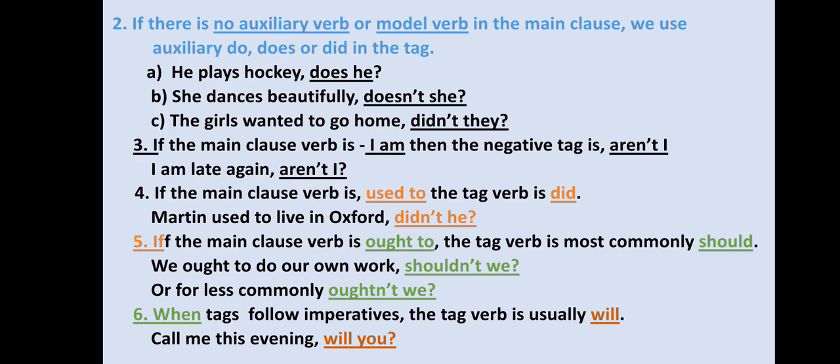Rule number 6. When tags follow imperatives, the tag verb is usually will. For example, call me this evening, will you? It means if the sentence is an imperative sentence, the verb that we most commonly use in the tag is will.